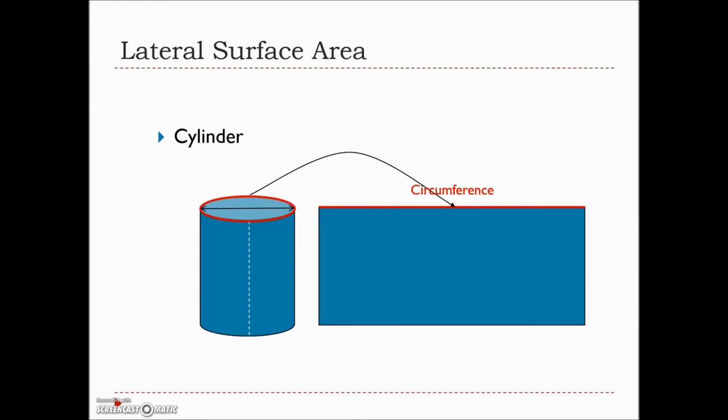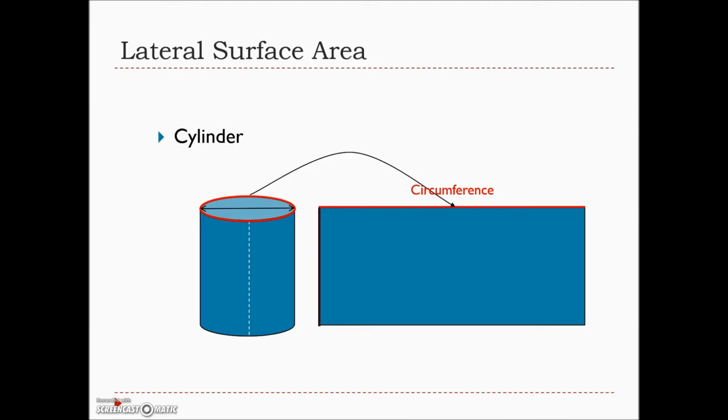The circumference is found by taking pi times the diameter. The length of our rectangle here is the height of our cylinder.